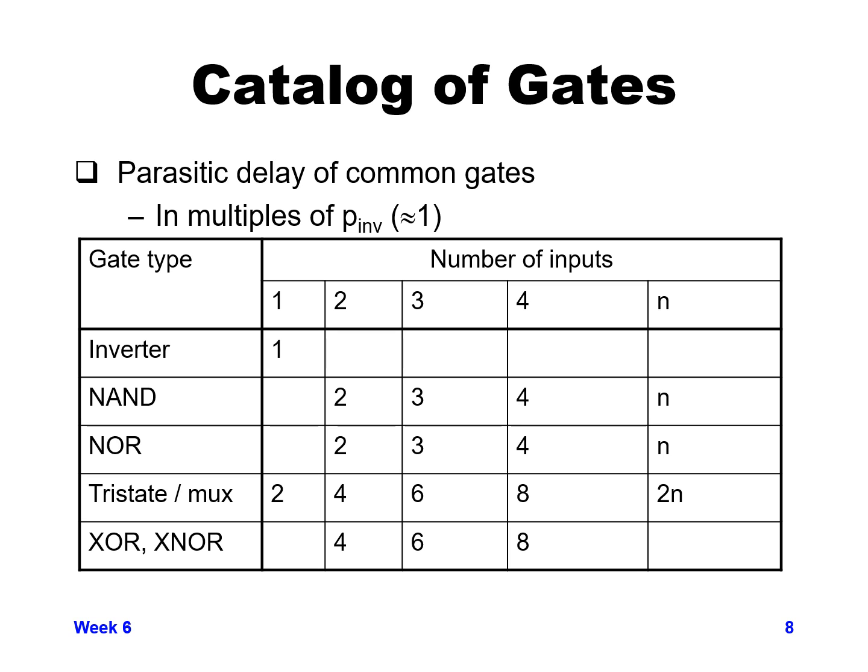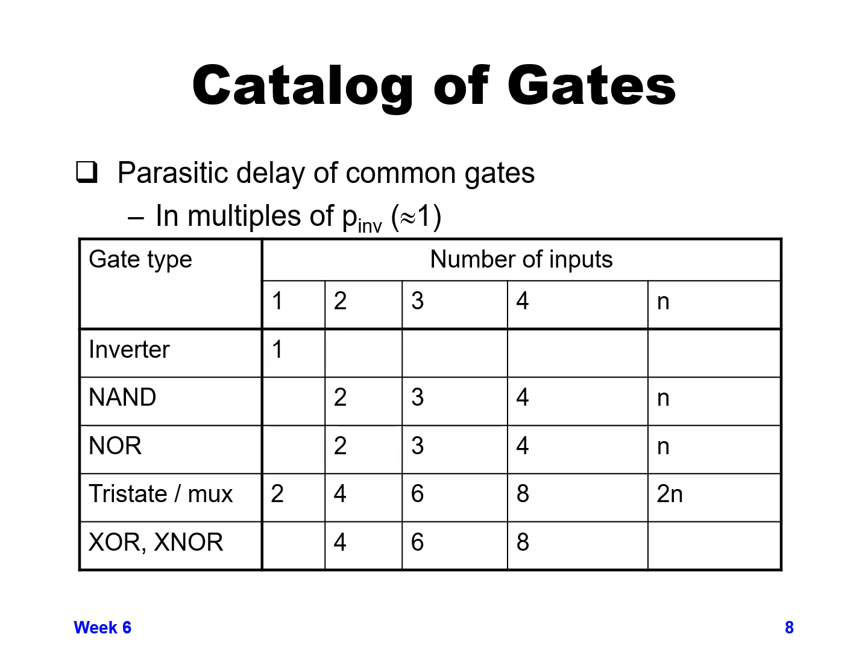So in the case of a tri-state MUX, for example, the logical effort stayed at a value of 2 no matter how many inputs you had, whereas the parasitic delay for this gate actually goes up quite substantially with each additional input that you give to this particular type of logic, and that's because you keep adding more and more tri-state mux drivers in parallel with each other, which continues to add more parasitic load to the gate itself.